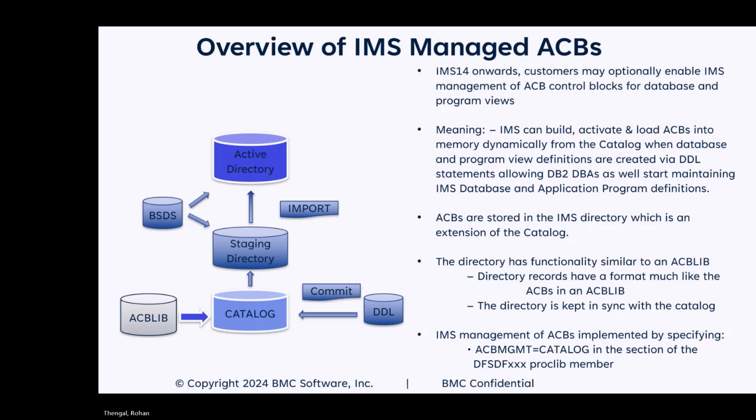Apart from that, this migration can be of different types. Let's say the customer may already have the catalog enabled, and they want to migrate to managed ACBs. Or some customer might want to create an IMS catalog with IMS managed ACBs. So there are different types of migrations depending on the inputs from customers.